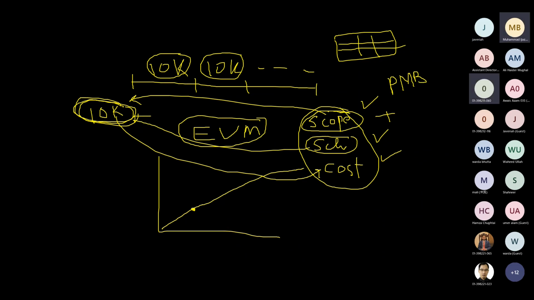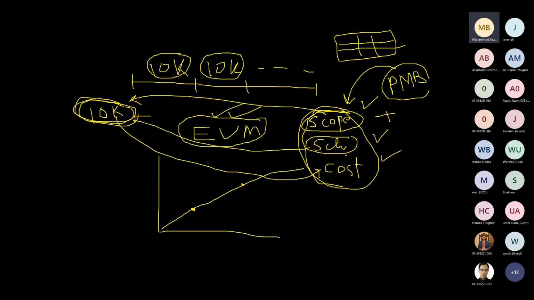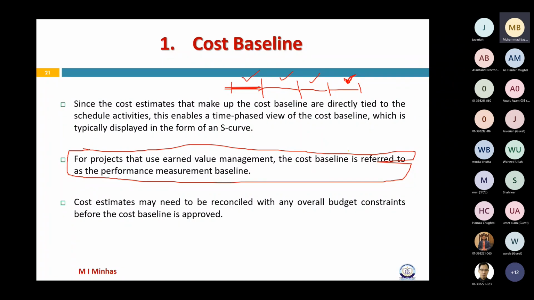When we combine three baselines into a single baseline using the earned value management system, that cost baseline is also your performance measurement baseline, because it is a combination of scope, schedule, and cost. Now if you read this line: for projects that use earned value management, the cost baseline is referred to as the performance measurement baseline. Is it clear? Yes.